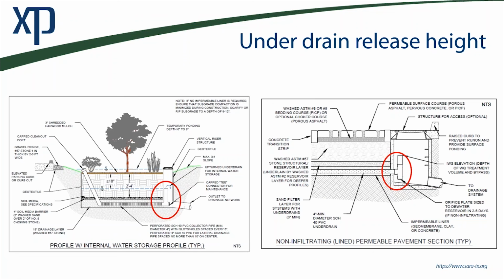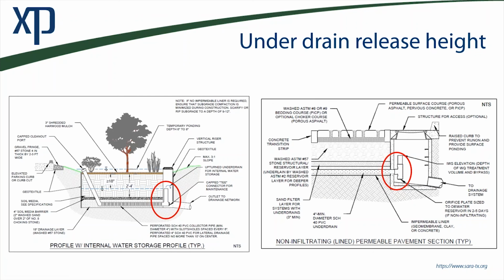This might serve multiple purposes. Sometimes we need to keep the vegetation alive. Sometimes we need to keep the filtration media wet in order for the pollution removal to occur as we would expect.